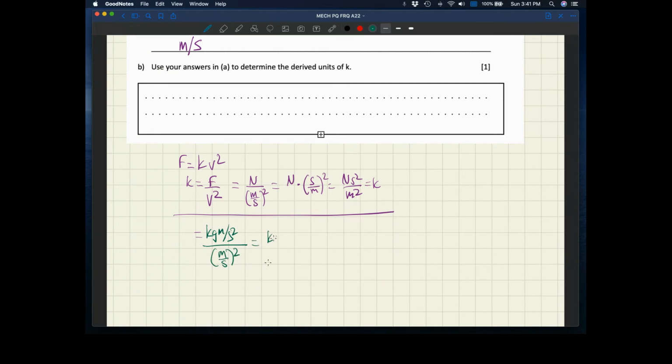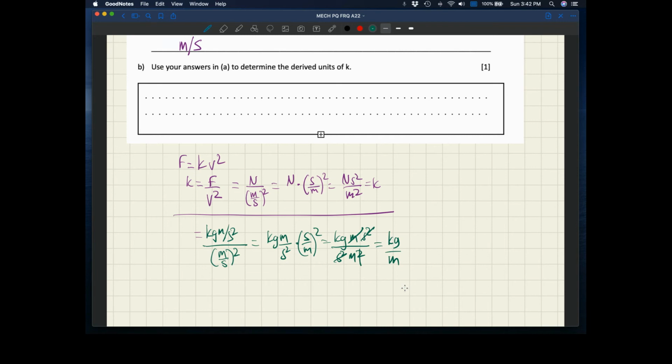And so kilogram meter per second squared times seconds per meter quantity squared is kilogram meter second squared over second squared meters squared. And so the meters go away, the seconds squared go away, and we're left with kilograms per meter.